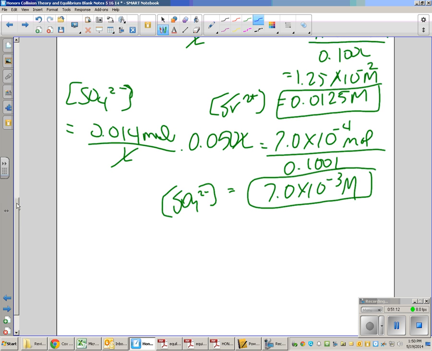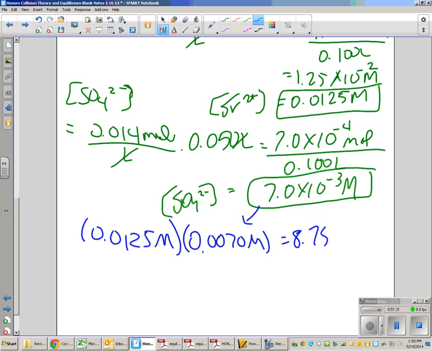So 0.0125 molar times 0.0070 molar, those times one another, gives 8.75 times 10 to the negative fifth.